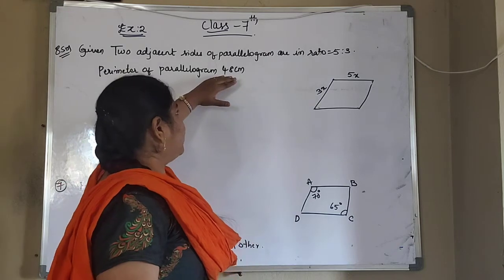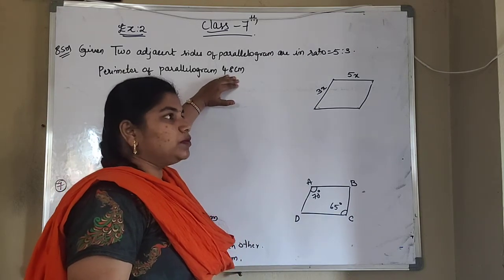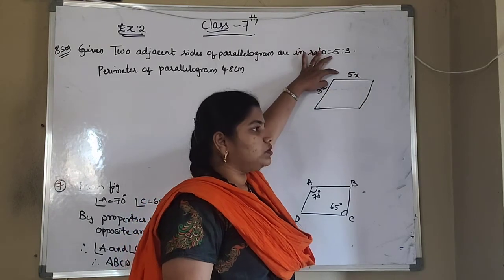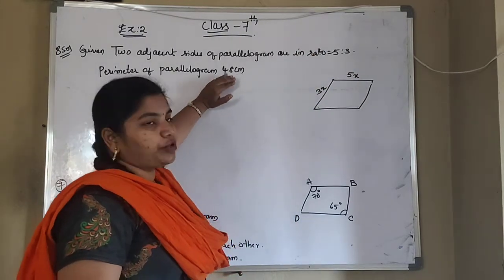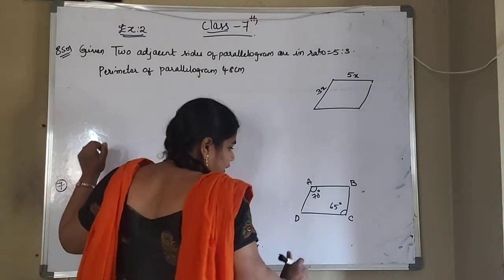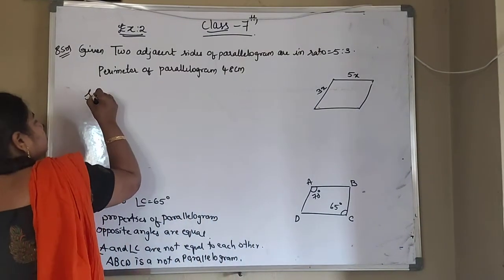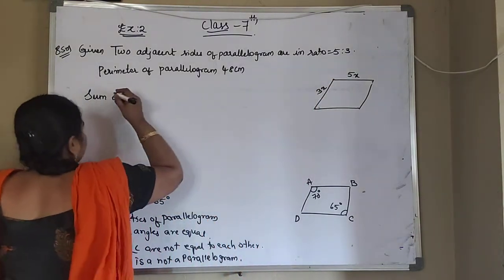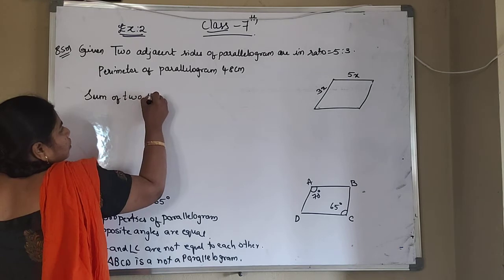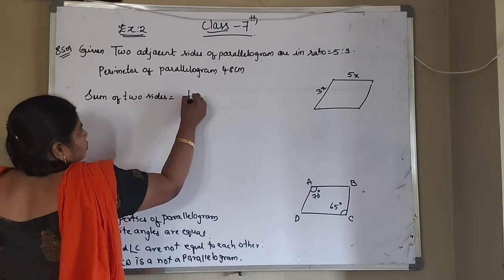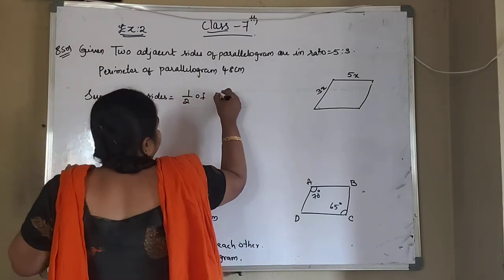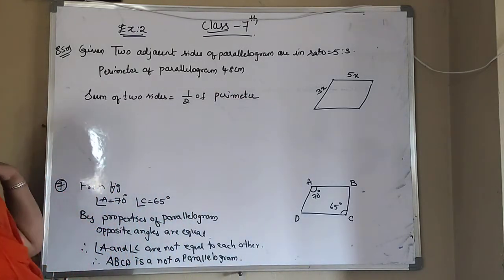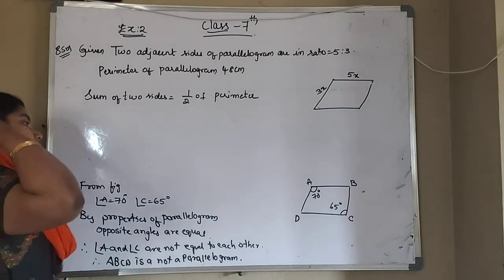So we will divide this 48 by 2, because perimeter is adding all the sides, but they have given only two sides. So the sum of two sides is equal to half of the perimeter.